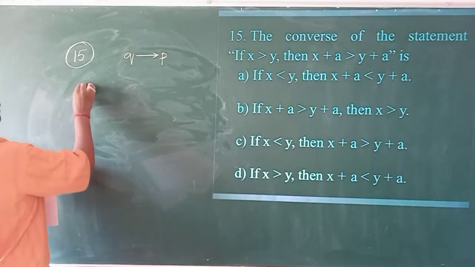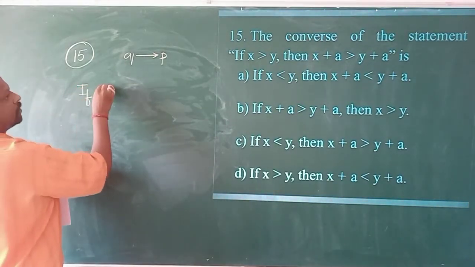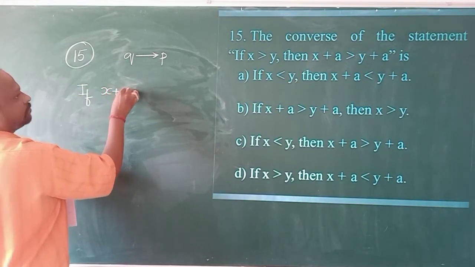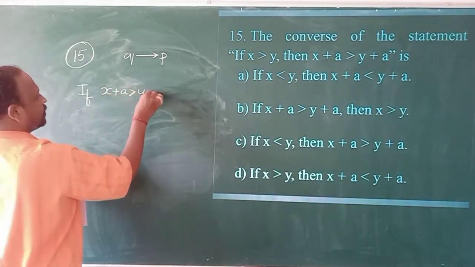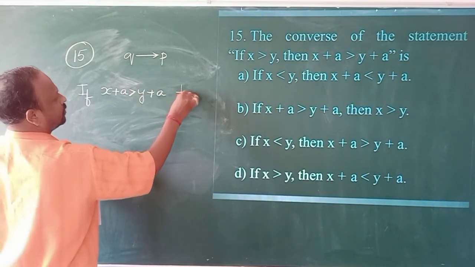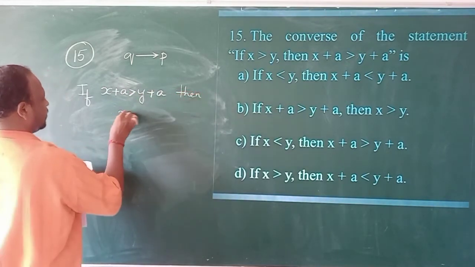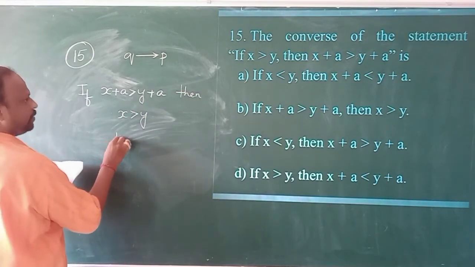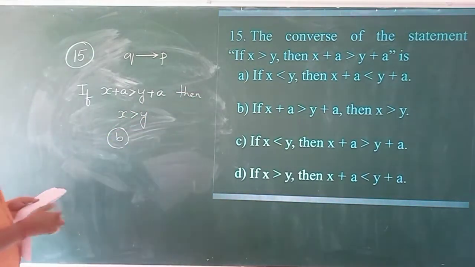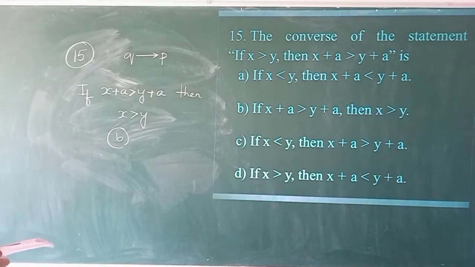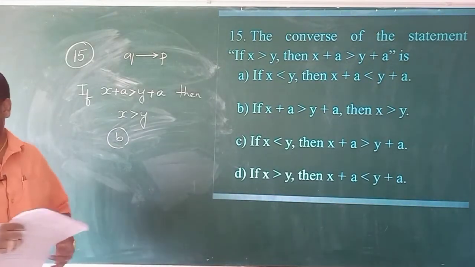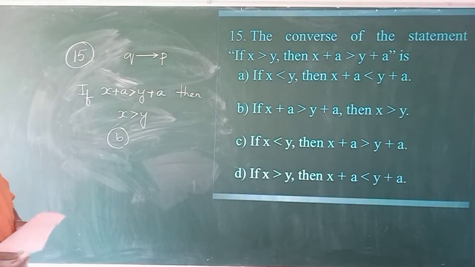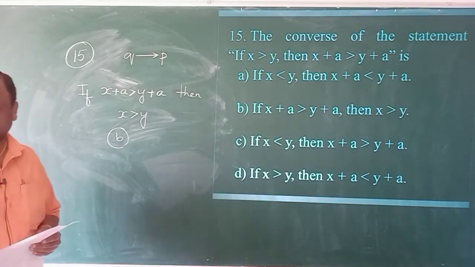That is, if x plus a greater than y plus a, then x greater than y. That is option B. I will repeat: converse is given by Q then P. So Q is the second sentence and P is the first sentence. Reverse the sentence. Option B is the answer.